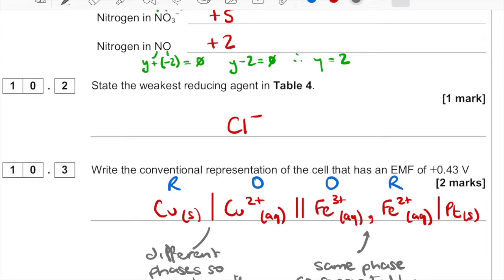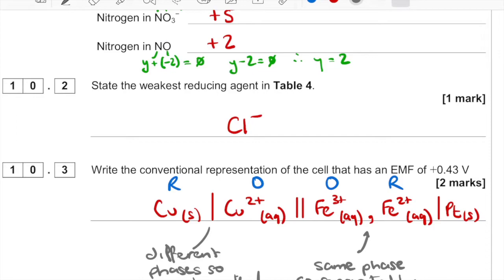Now, some people explain phase as being state of matter, but that's not strictly true. It can be a way to help you think about it. But really, a separate phase means that there's a boundary between them. So if I added oil to water, they would both be liquids, but as they don't mix, there would be two layers, a boundary between them, and so they would be different phases in that respect.